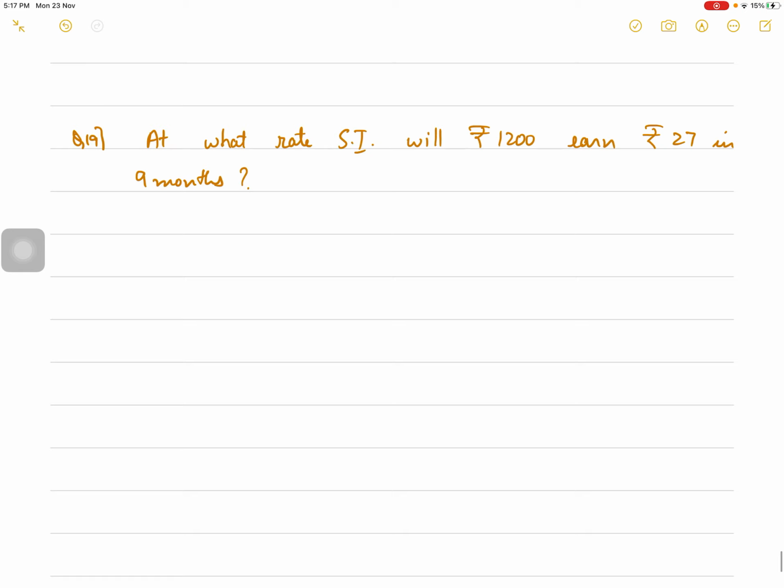Let's solve the last problem for the day. At what rate simple interest will rupees 1200 earn rupees 27 in 9 months?